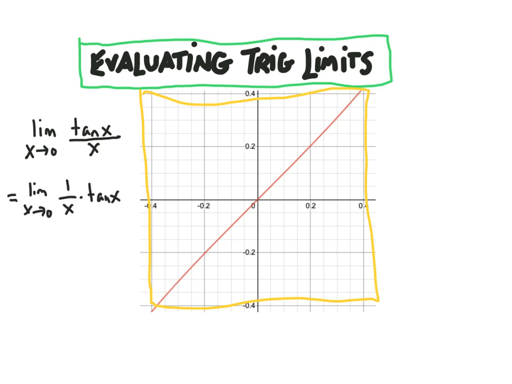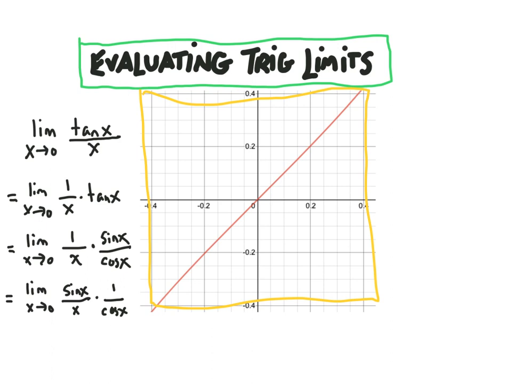First, I can write it as 1 over x times tangent of x. Then, I can rewrite tangent as sine over cosine. The product of those fractions can be written this way instead, sine x over x times 1 over cosine of x. Then, I can use the property of limits that the limit of a product is equal to the product of the limits.